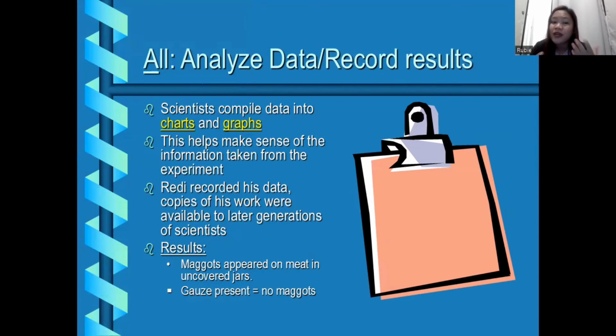Copies of his work were available to later generations of scientists. That is for future reference. Good job. So what are the results of Redi? Can you guess, Nate? Very good. The results of Redi were that maggots appeared on meat in uncovered jars, and there were no maggots present when the jar was covered. That is correct. So that is how he analyzed the data.